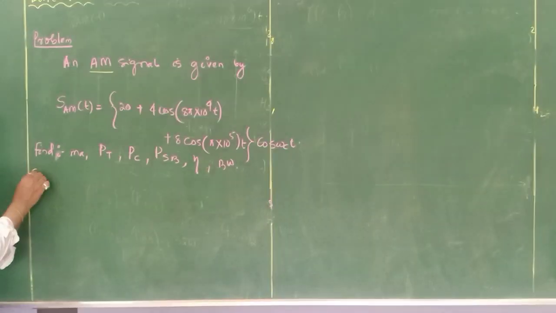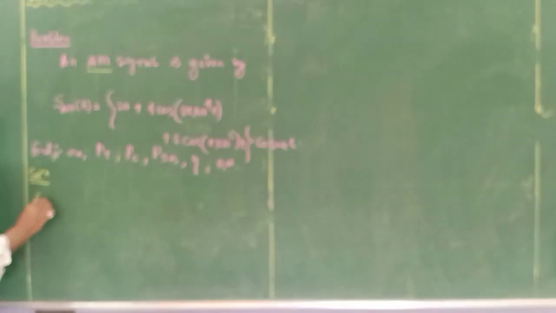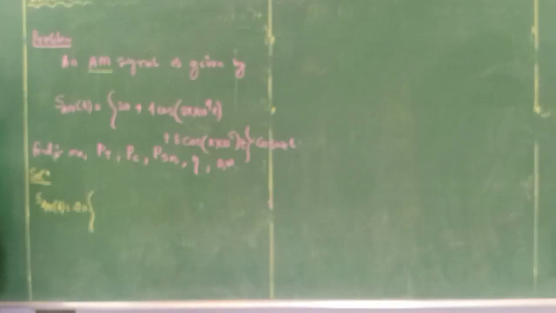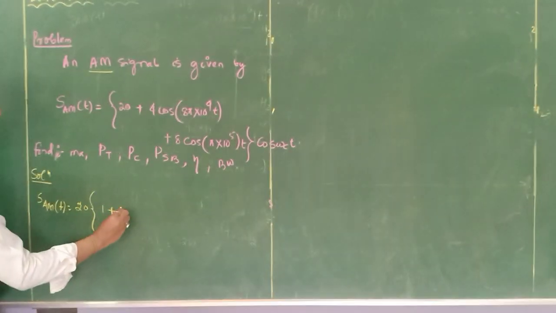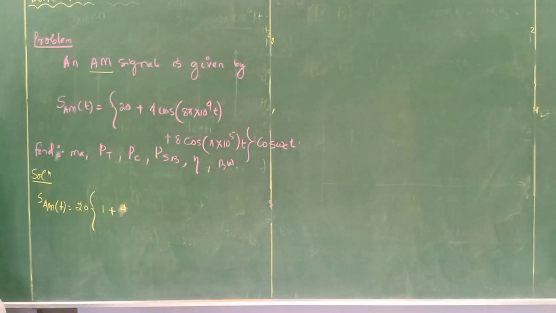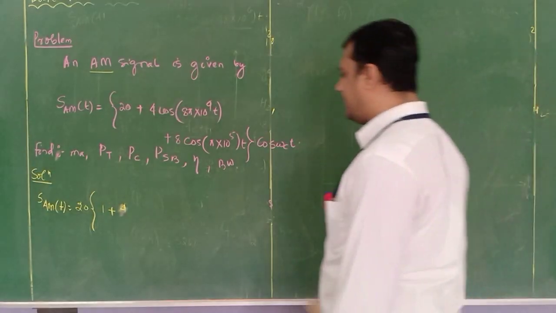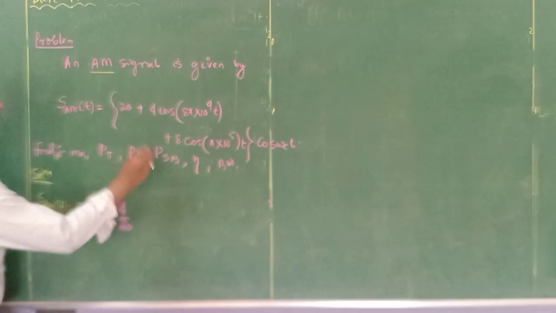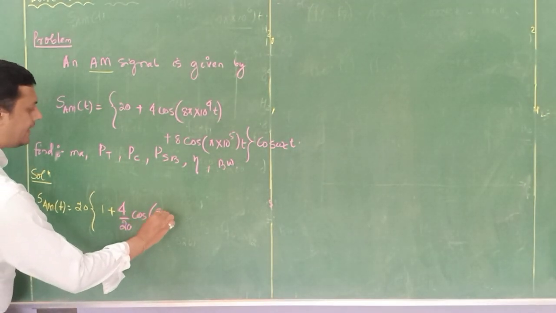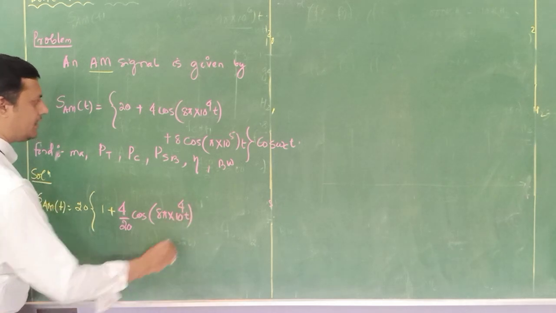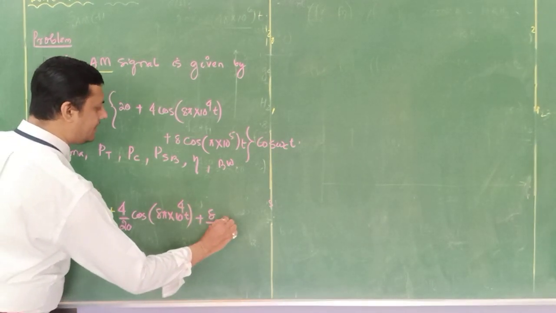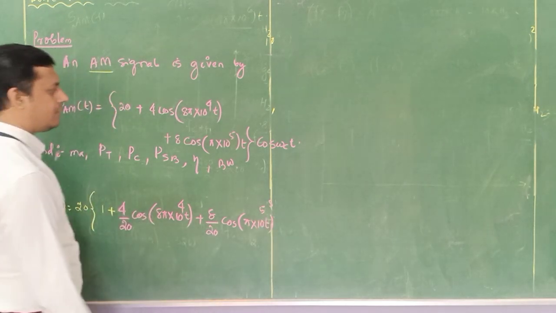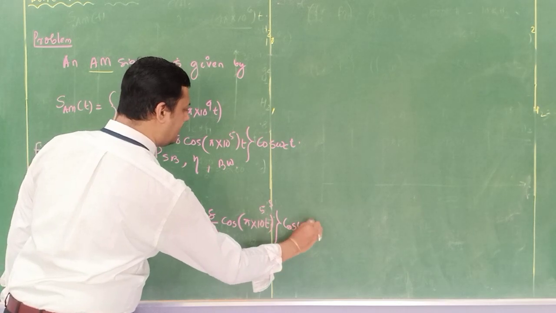Now this equation I can write as S AM of t, take 20 common from the equation, take this 20 outside, you will get 1 plus 4 divided by 20, because we are taking 20 out, cos 8 pi into 10 to the power 4 t plus 8 divided by 20 cos pi into 10 to the power 5 t, whole into cos omega c t.